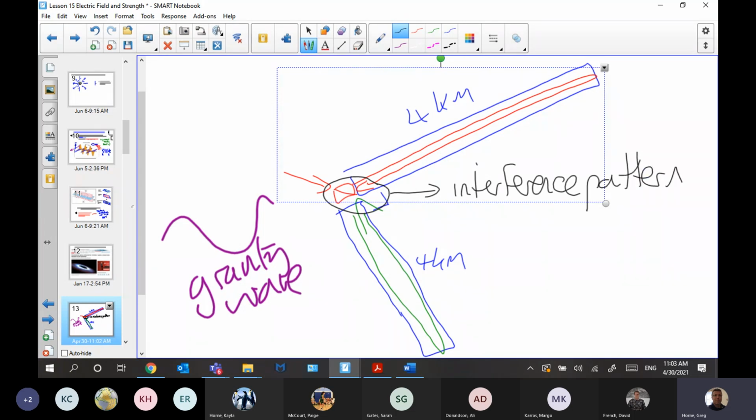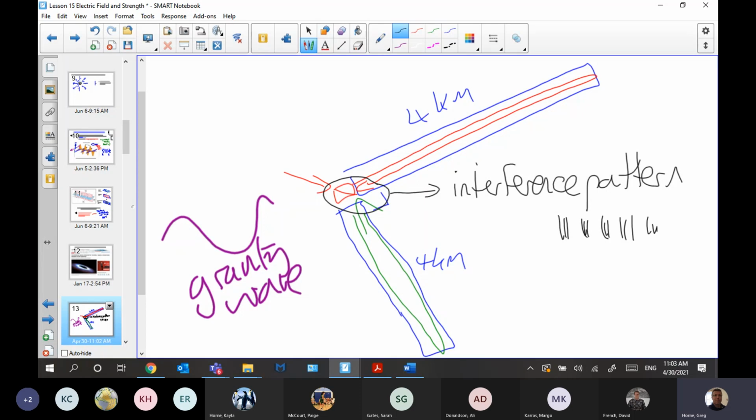It's very similar to when we looked at the sound unit. We looked for areas of destructive interference and nodes and antinodes. It's actually the same as that, only with electromagnetic waves. So there's going to be a very, very predictable interference pattern of nodes and antinodes. Picture them in this detector here.